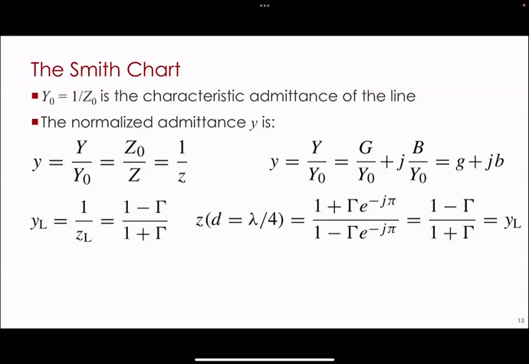And basically what this line says is one formula for ZL is 1 plus gamma over 1 minus gamma. It's not the one that I normally remember. Me personally, I remember gamma as ZL minus Z naught over ZL plus Z naught.